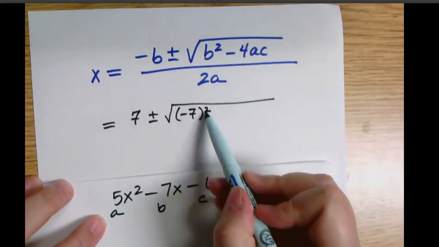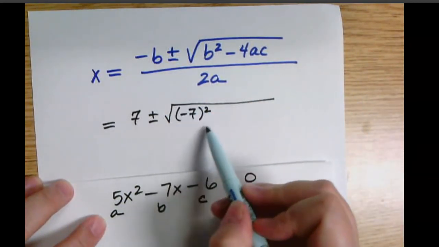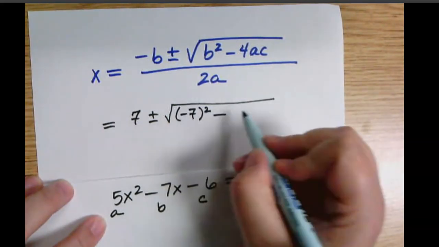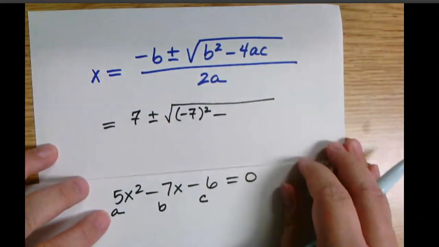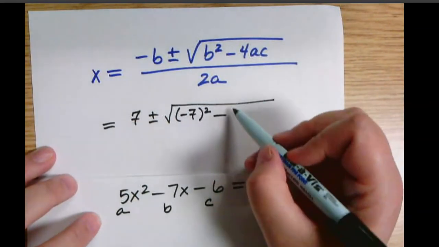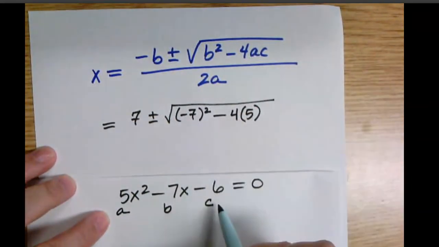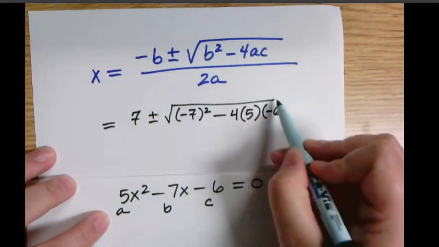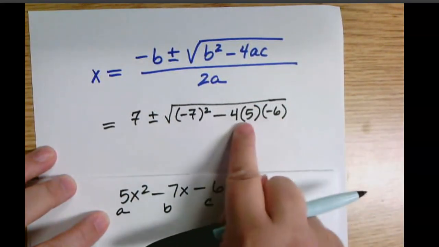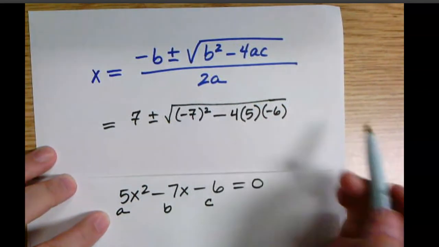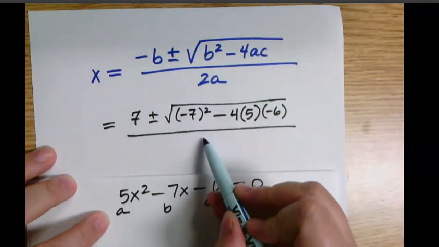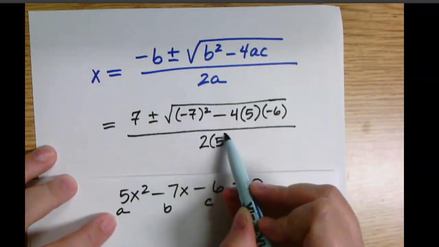To be perfectly honest, sometimes I do that. Sometimes I go ahead and simplify that when I first write it. But I just told you I never did, so we'll just go with that. Minus 4 times A times C. This is the number one place for people to make errors here. All over 2 times A.